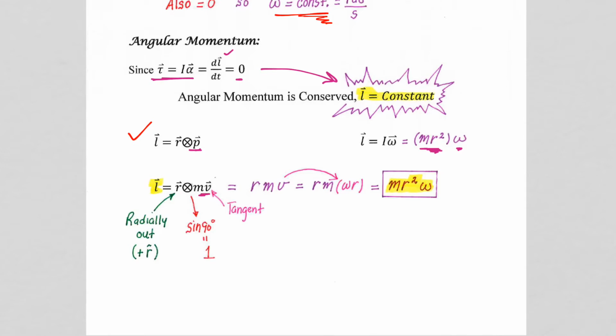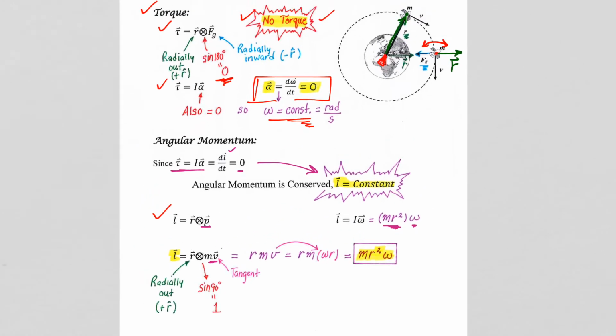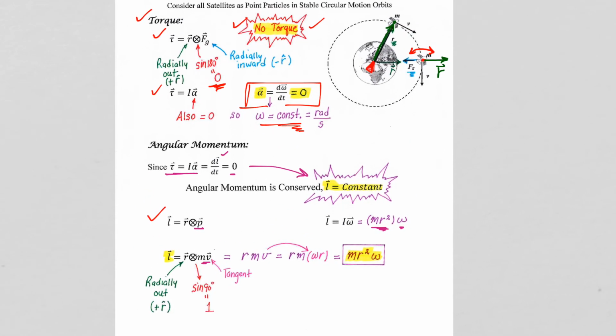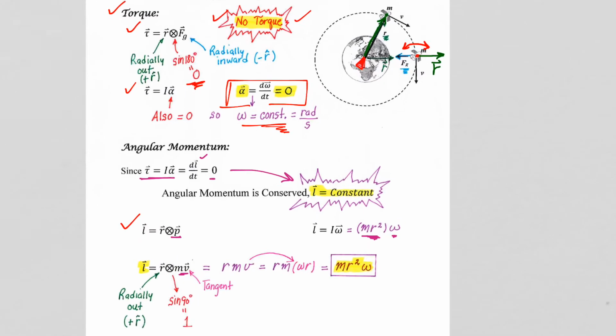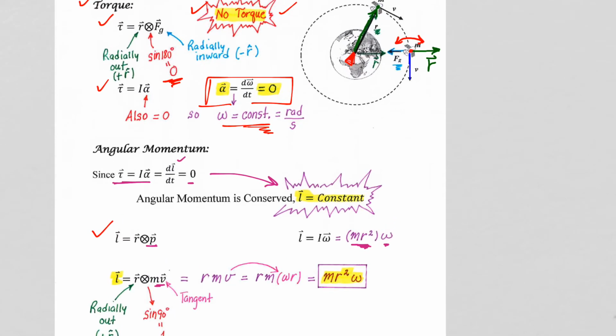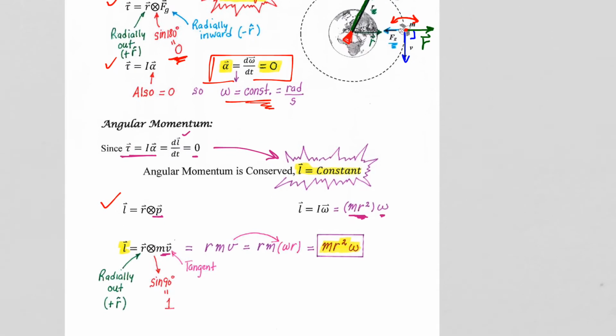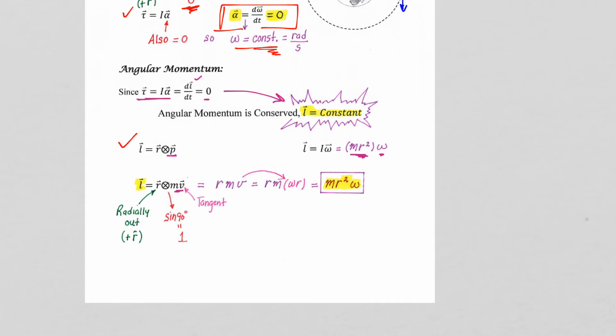Here we have sine of 90 degrees between the R and the mv. Let's go back and confirm that that is understood. The v vector is here, tangent, right? So we have 90 degrees between R and mv. So we get R mv, and v equals omega r, so we get mr squared omega.